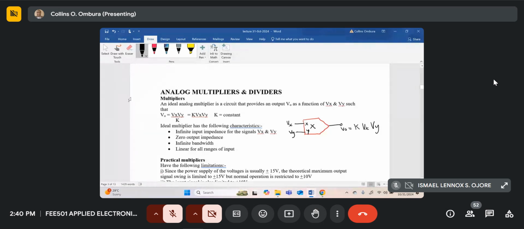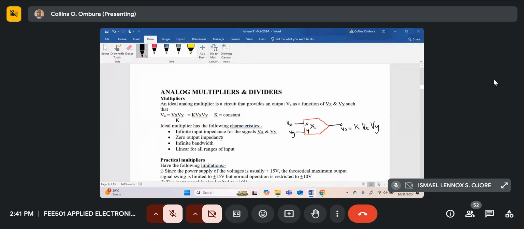Now, an ideal multiplier has the following characteristics. Number one, it should have an infinite input impedance to the signals Vx and Vy, i.e., it should not load the inputs. The other requirement of an ideal multiplier is that it should have zero output impedance.